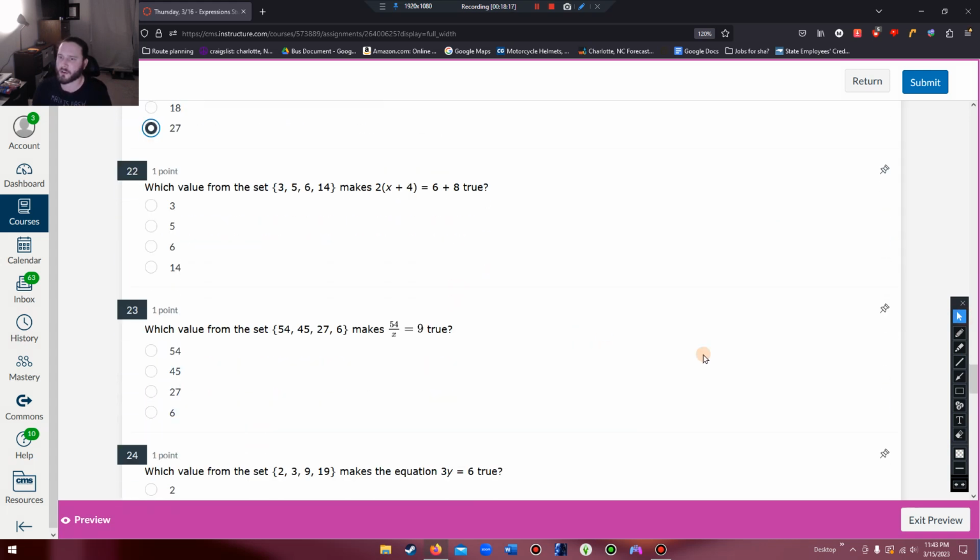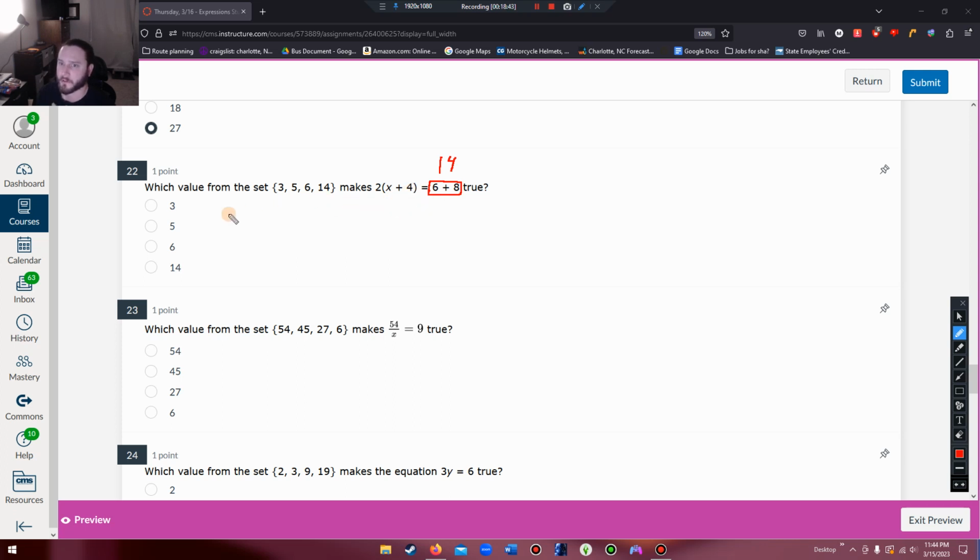Number 22, same exact type of problem. It's asking which of those four numbers will work. So we just have to test and see which one works. It's just substitution. I'm going to simplify this side just to make it a little easier. This side, 6 plus 8 would be 14. So whatever this is, 2 times x plus 4, it's going to be 14.